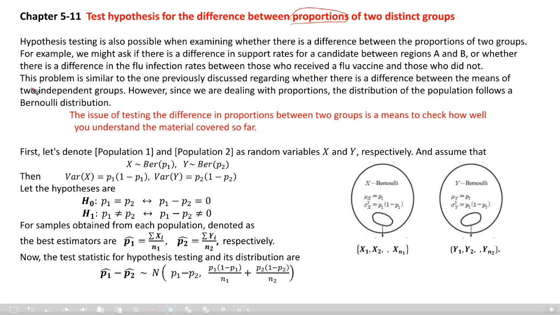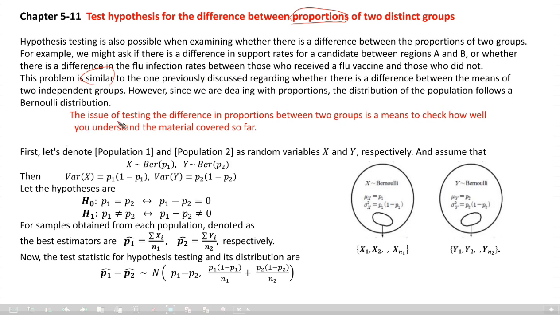This problem is similar to the one previously discussed regarding whether there is a difference between the means of two independent groups. It is similar, but there is a difference. Since we are dealing with proportions, the distribution of a population follows a Bernoulli distribution. You remember Bernoulli and the proportion, okay?